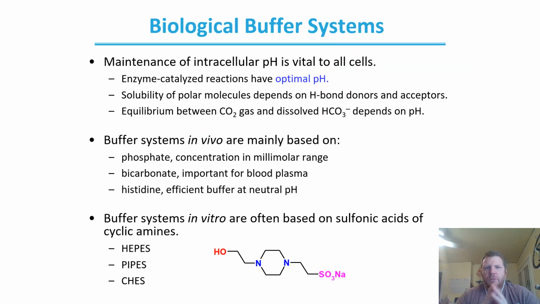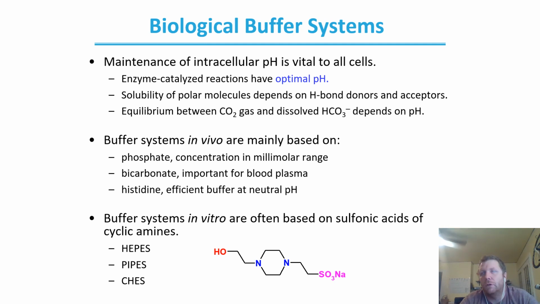Biological buffer systems. Maintenance of intracellular pH is vital to all cells. Enzyme catalyzed reactions have an optimal pH, which we're going to get into in the future. Solubility of polar molecules depends on hydrogen bond donors and acceptors. Equilibrium between CO2 gas and carbonic acid or carbonate depends on pH.